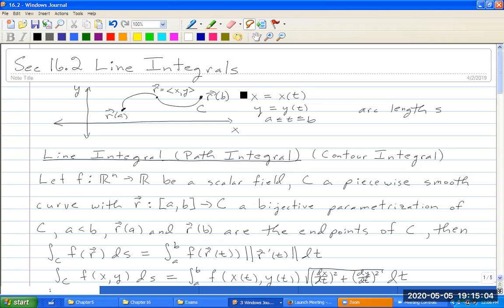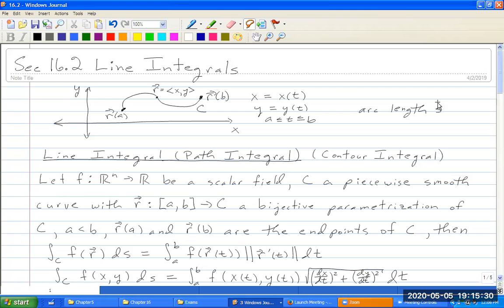So at time T, you're at X and at Y, and you proceed along this curve according to that parameter. We've done this in the past, not only with time, but we've also done this vectorization with arc length S.